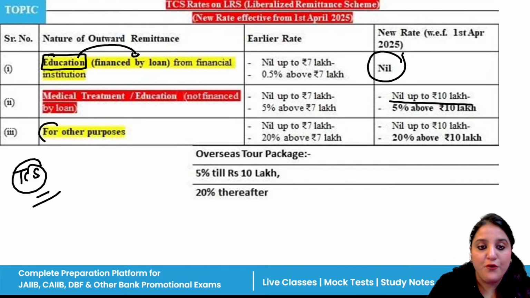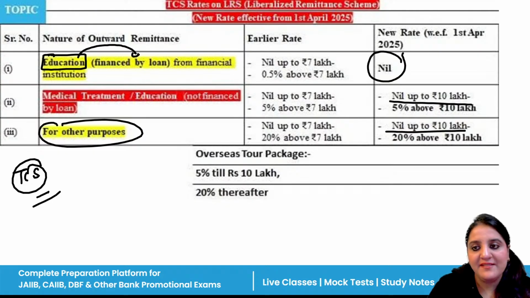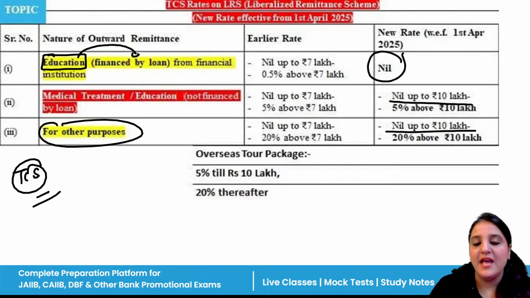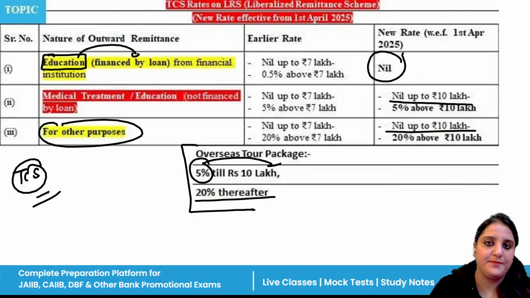Then for other purposes, no tax up to 10 lakh, but above 10 lakh, 20% TCS is applied, right? And for an overseas tour package, 5% till 10 lakh and 20% thereafter. And 20% is the maximum rate. These rates are effective from 1st of April 2025.